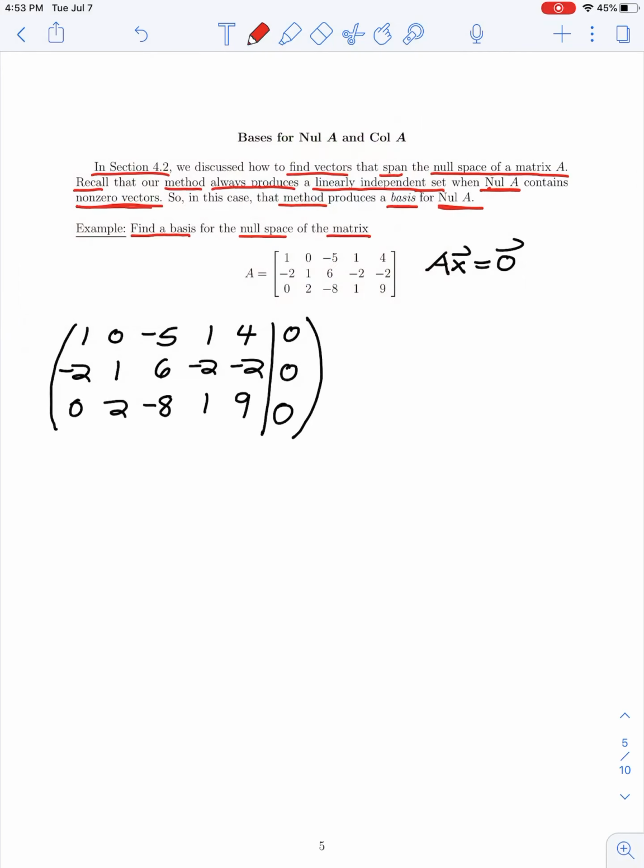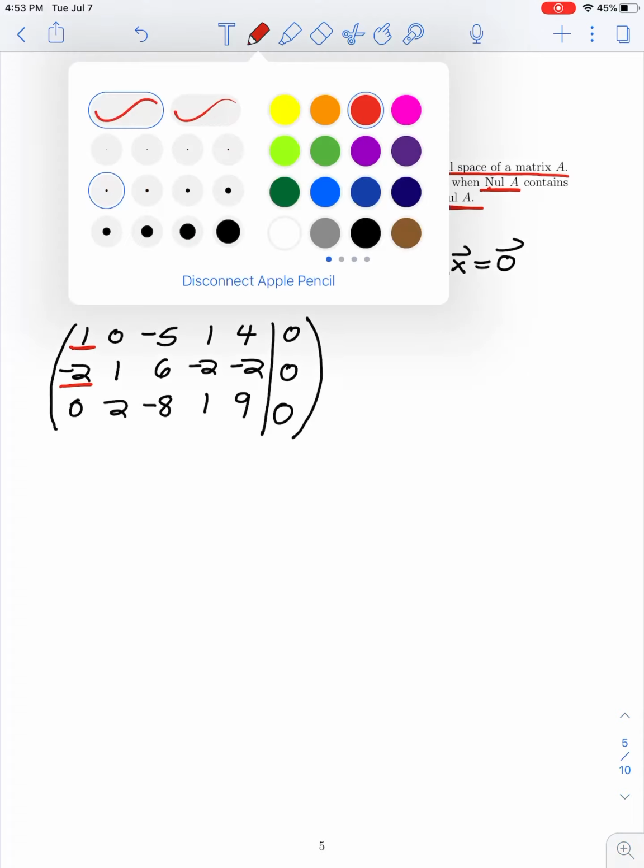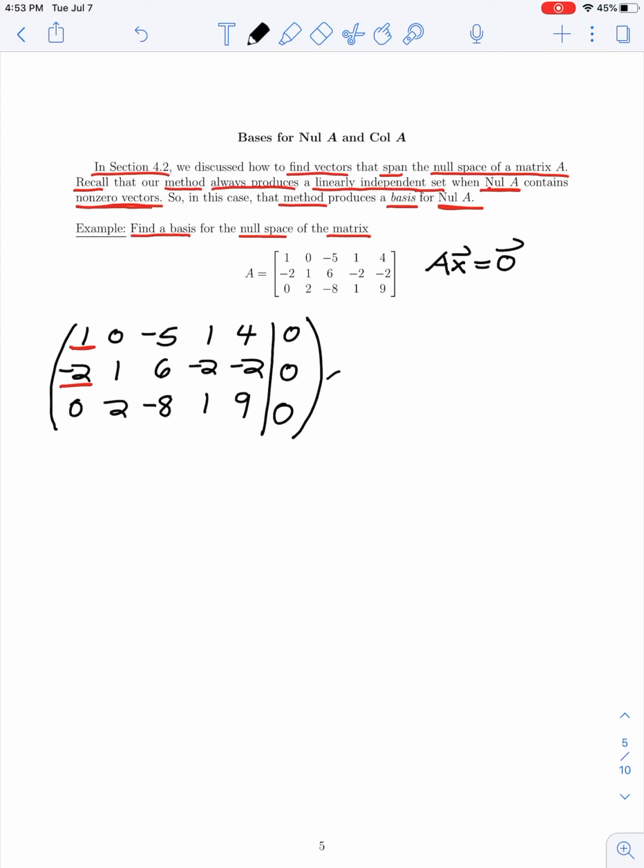So in our first row, we already have a leading coefficient of 1, which I'm going to use to eliminate the -2, which appears in the row below that. Now to accomplish that, I can take row 2 and add twice row 1. So my first row will remain 1, 0, -5, 1, 4, 0.